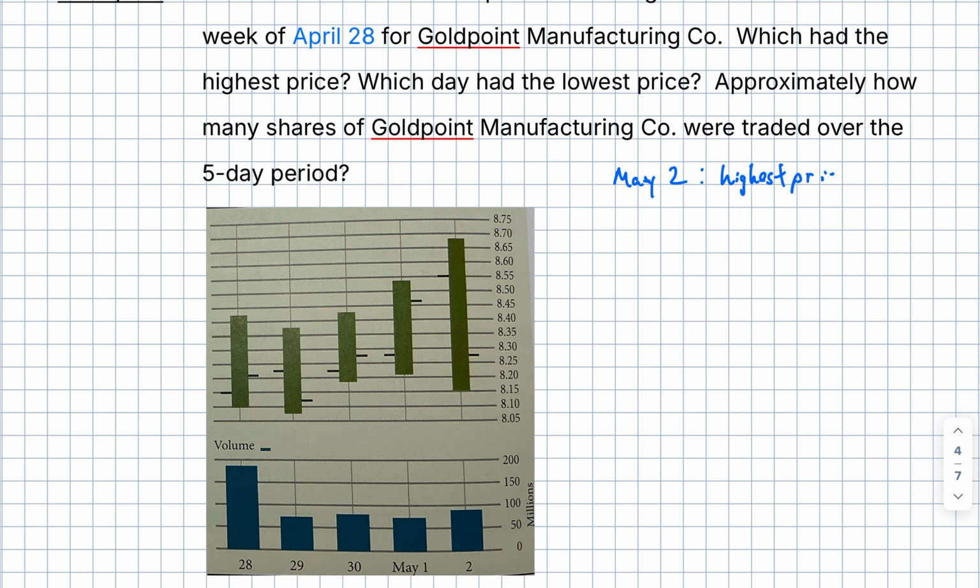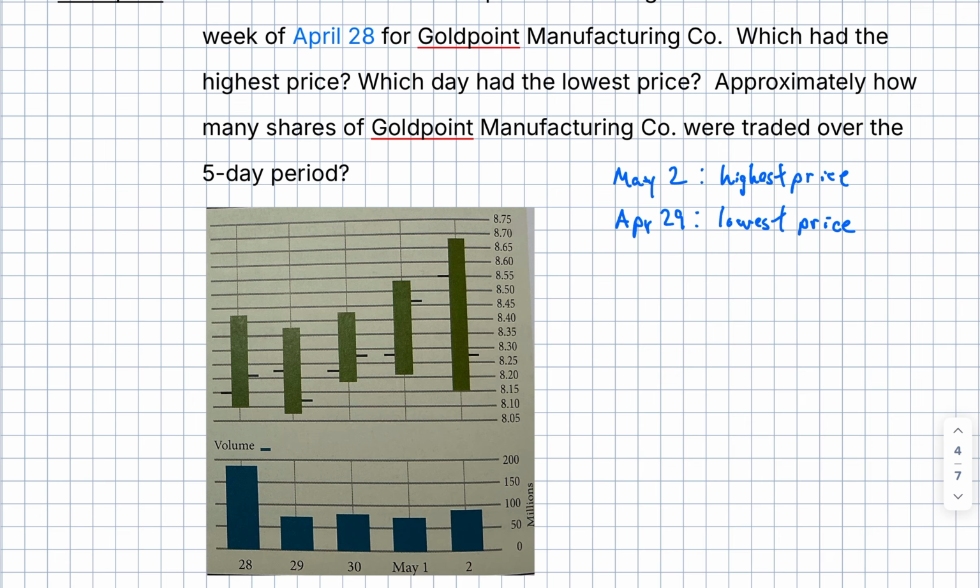And then if you take a look at the lowest price, you'll see that April 29th had the lowest trading price.